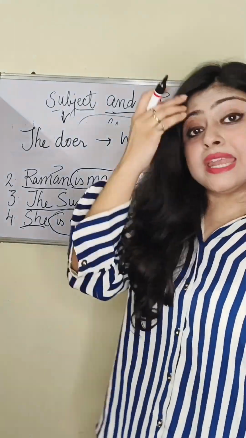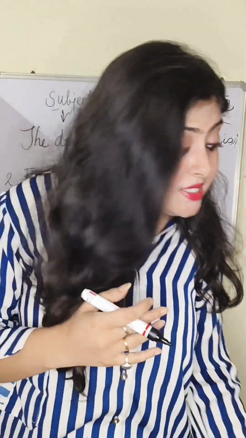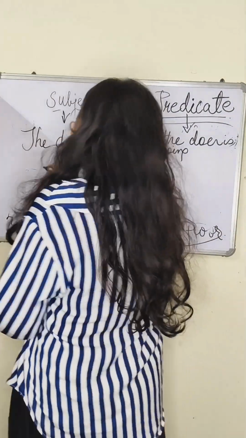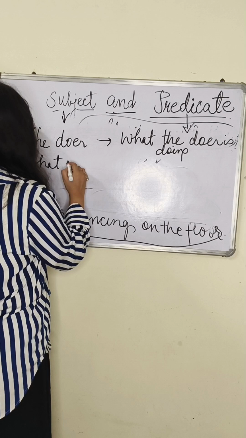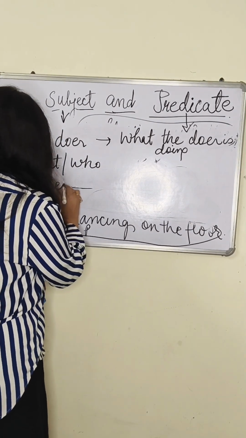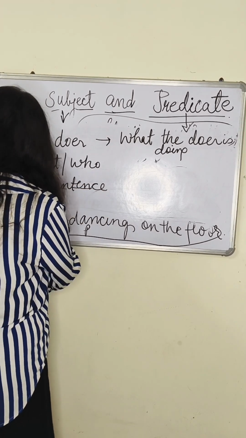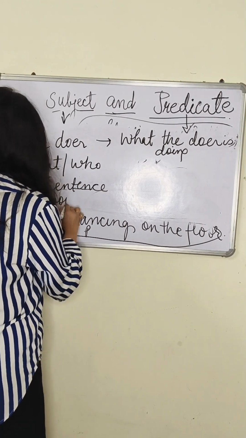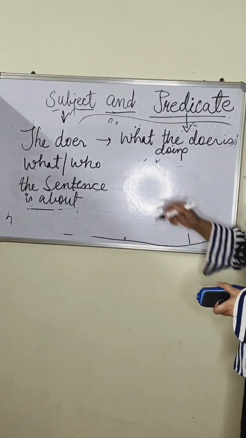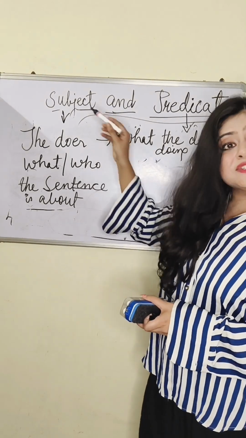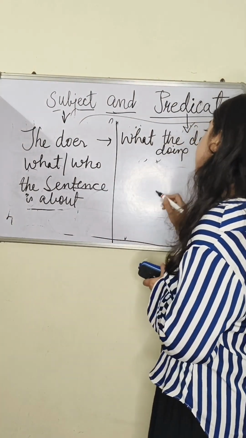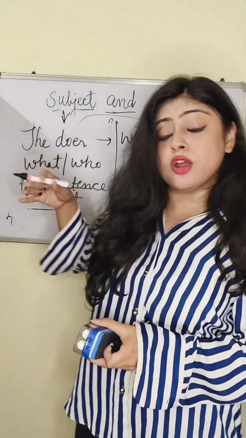Or in simpler words, the subject is who or what the sentence is about, and what the doer is doing, that is the predicate.